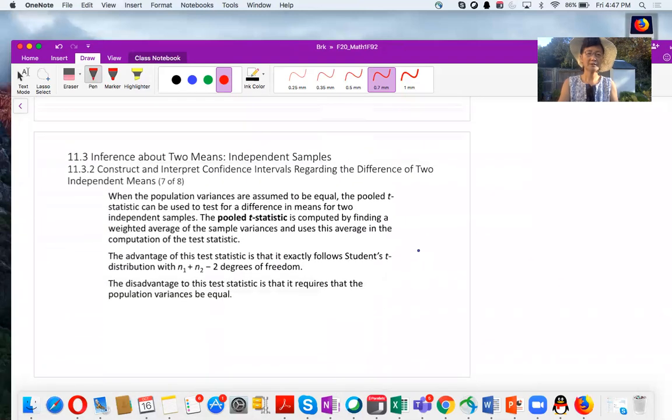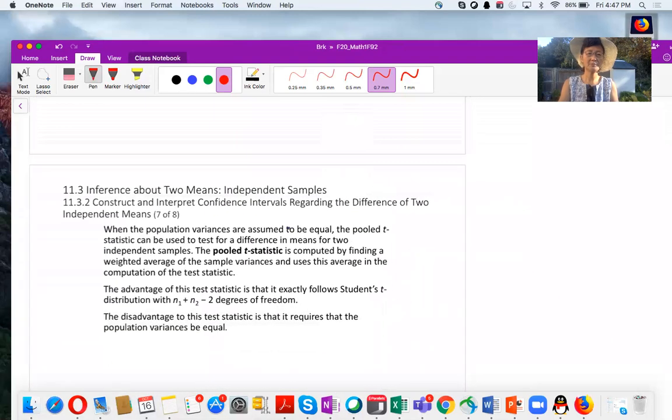The last slide said, when population variance... So far, we assume we don't know population variance. Okay, if population variances are assumed to be equal, we use the pooled t-test for the difference of two independent samples.